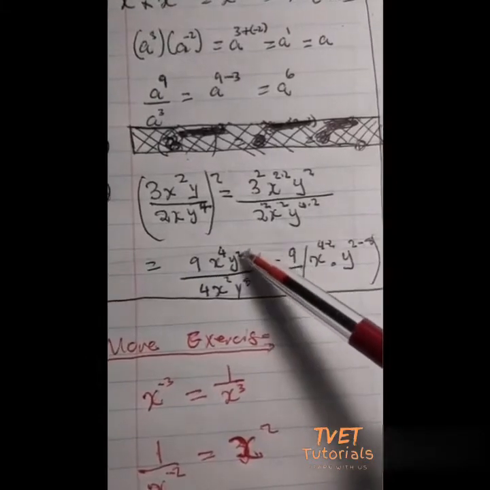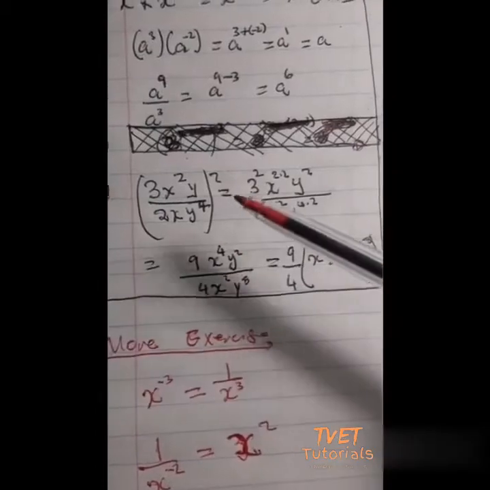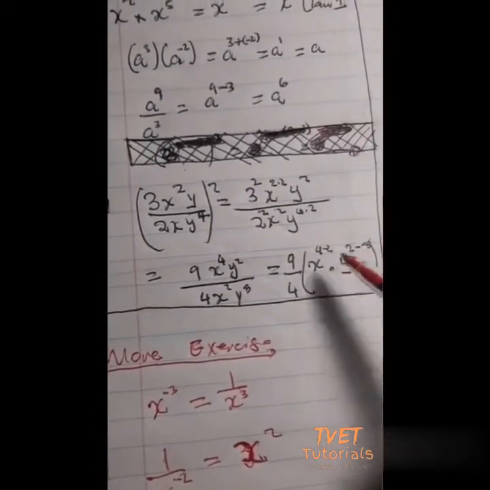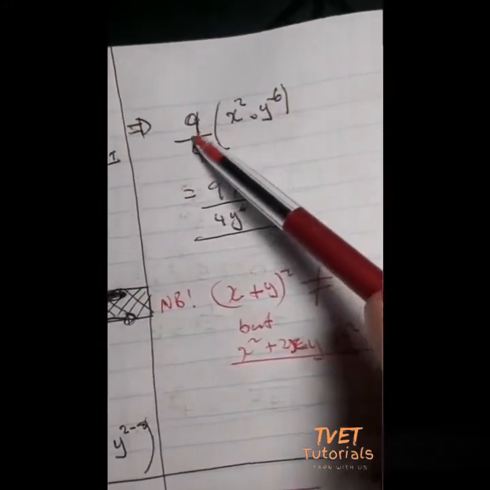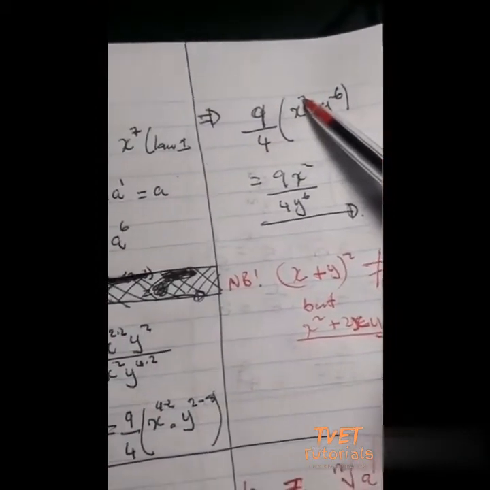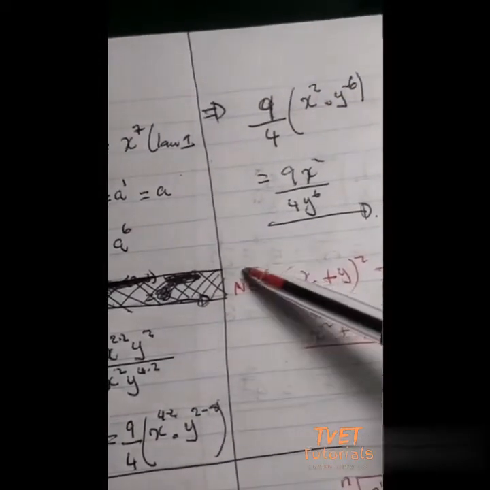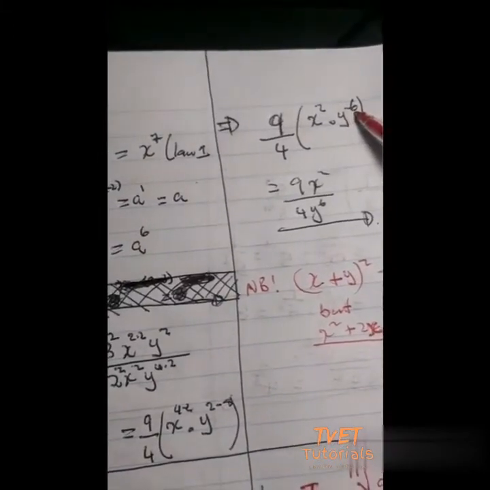You always start with the power of the numerator minus the power of the denominator. So you have now simplified that and you continue. You have 9 over 4, which remains as is, and you do the subtraction there. 4 minus 2 becomes 2, and 2 minus 8 becomes negative 6.